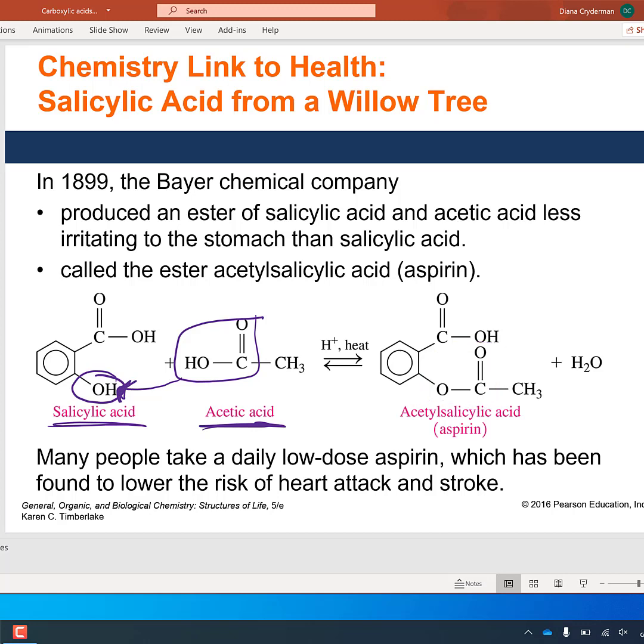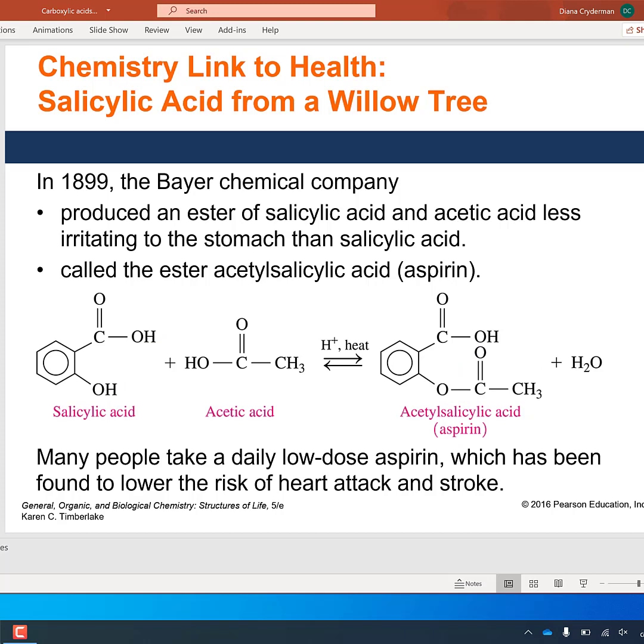So what's interesting is depending on what I join the salicylic acid with, I can make an ester in a couple of different places. If I join it with an alcohol, I can make an ester here. If I join it with a different carboxylic acid, I can join an ester here, like we did here. So we have a couple of different options.